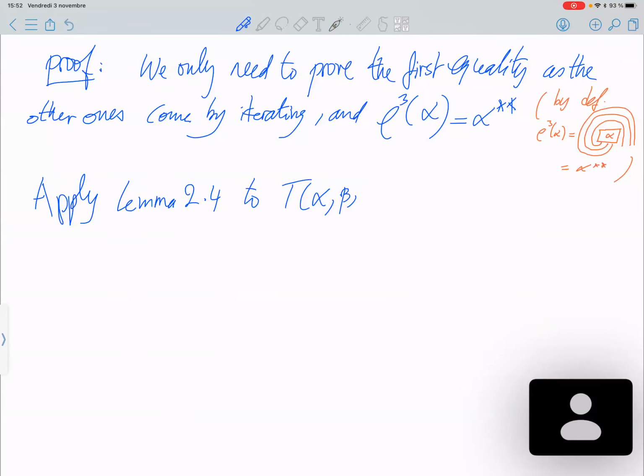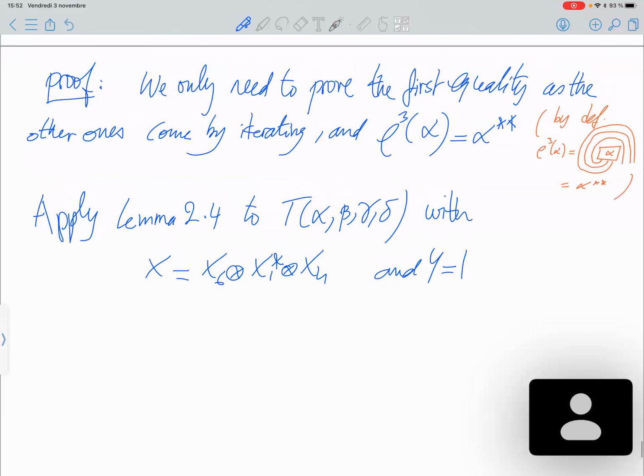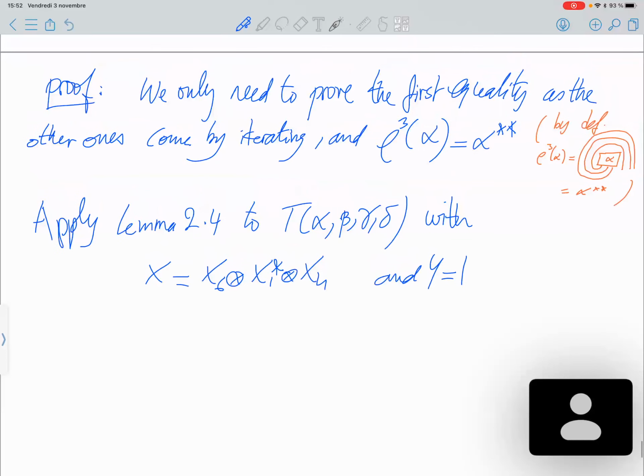to this monoidal tetrahedron with x equal x6 tensor x1 star tensor x4 and y equal 1. So x6, x1 star, x4. This is exactly what we have here.